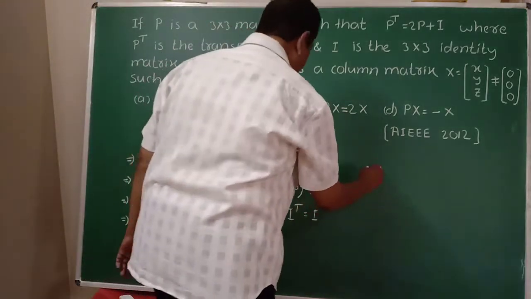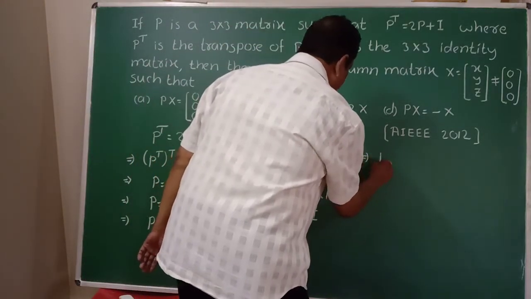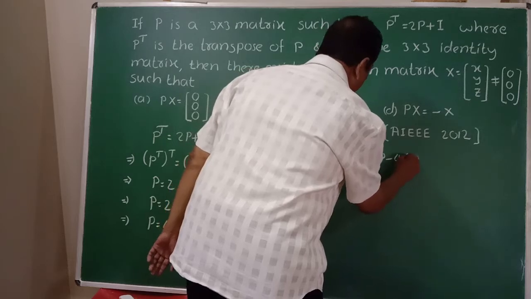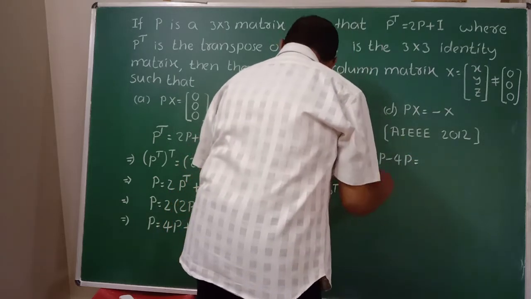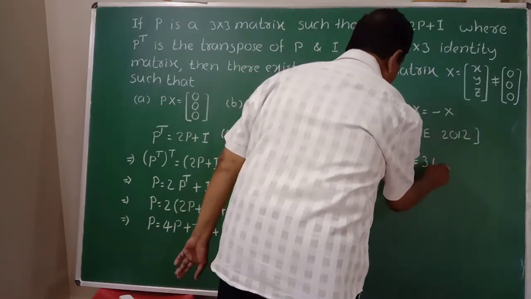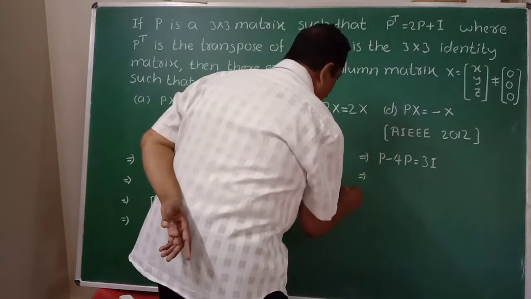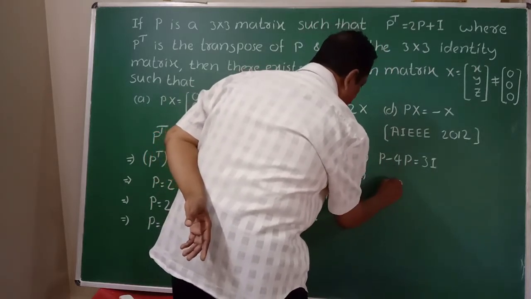Hence P minus 4P, this implies P minus 4P; 2I plus I becomes 3I. Therefore P minus 4P is minus 3P.